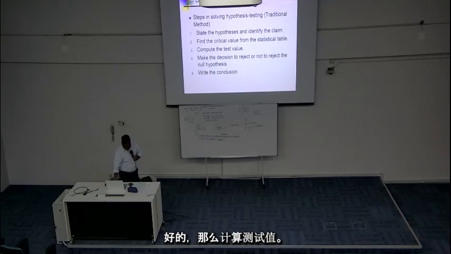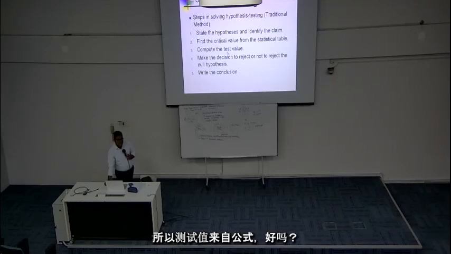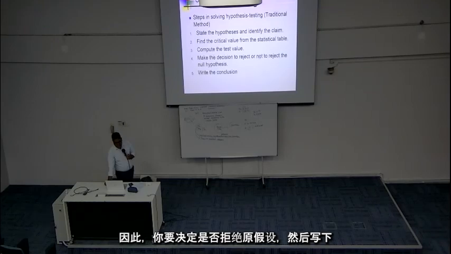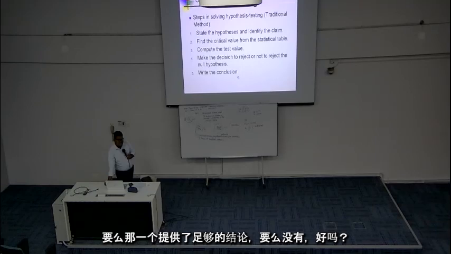Then compute the test value from the formula, either the Z formula or the T formula. The critical value is from the statistical table, but the test value is from the formula. Then make a decision to reject or not reject the null hypothesis, and write the conclusion.